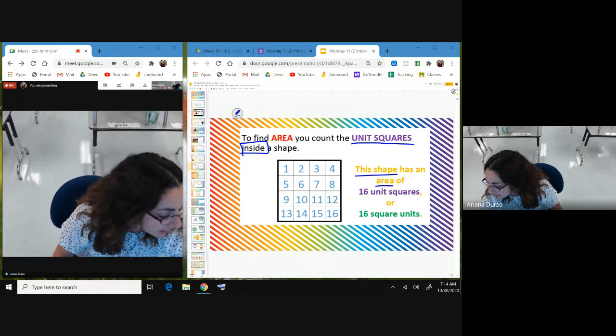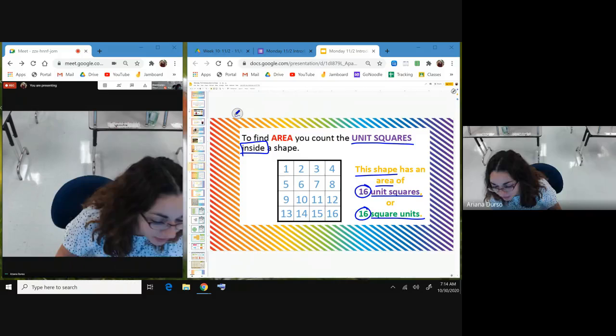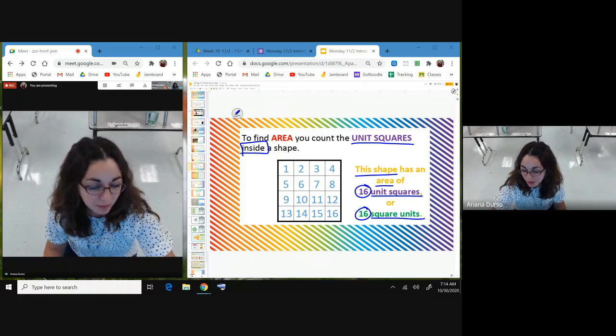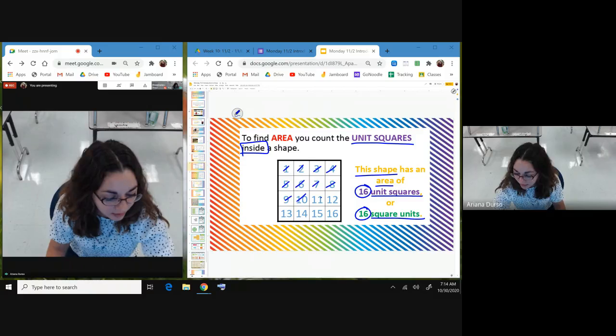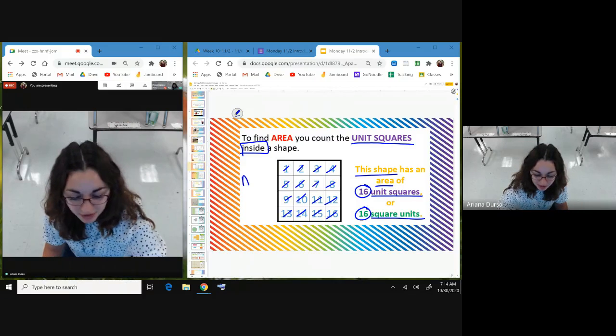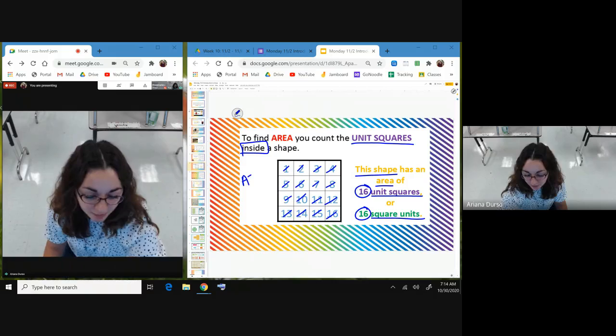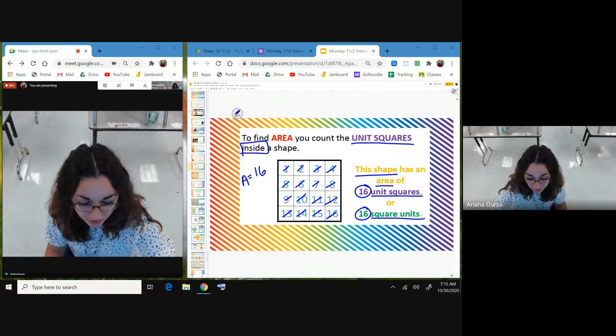This shape has an area of 16 squares or 16 square units. And you can count them. 1, 2, 3, 4, 5, 6, 7, 8, 9, 10, 11, 12, 13, 14, 15, 16. So this shape has an area, which I sometimes just write A, of 16 square units.